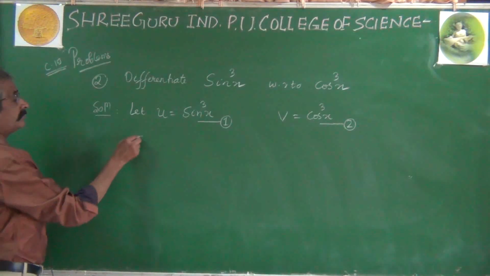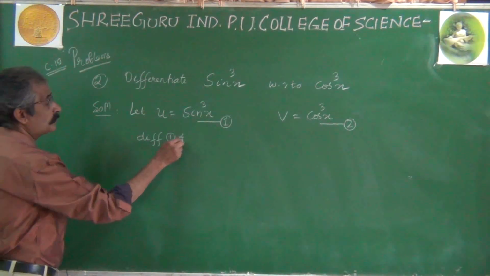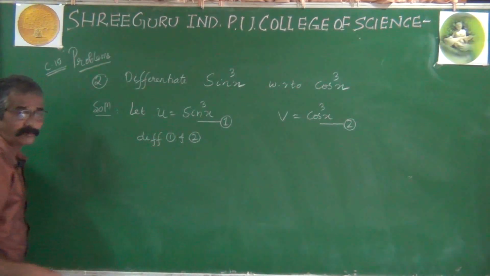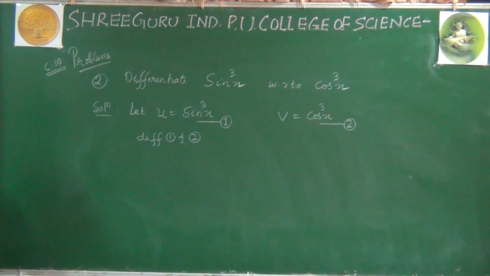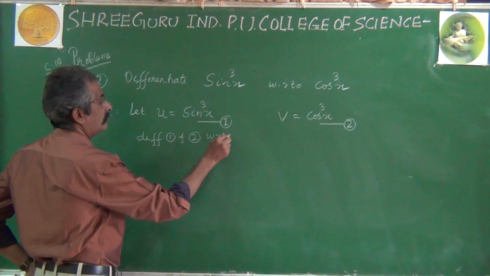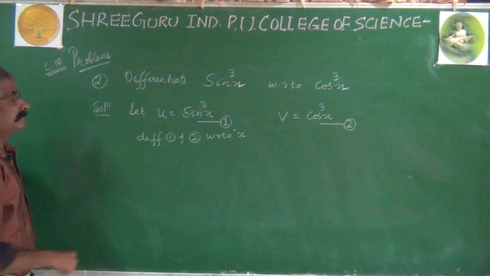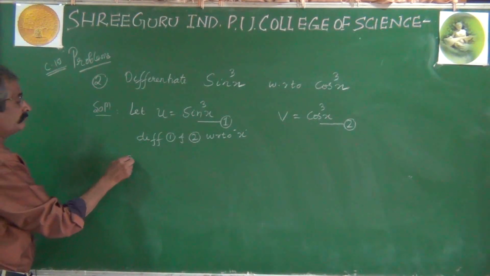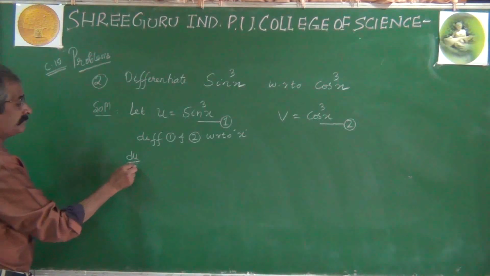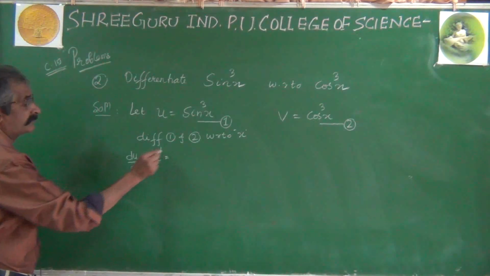Next step, differentiating 1 and 2, of course separately, not at a time, with respect to x. Differentiation of u means du by dx, or it can be written as u dash.